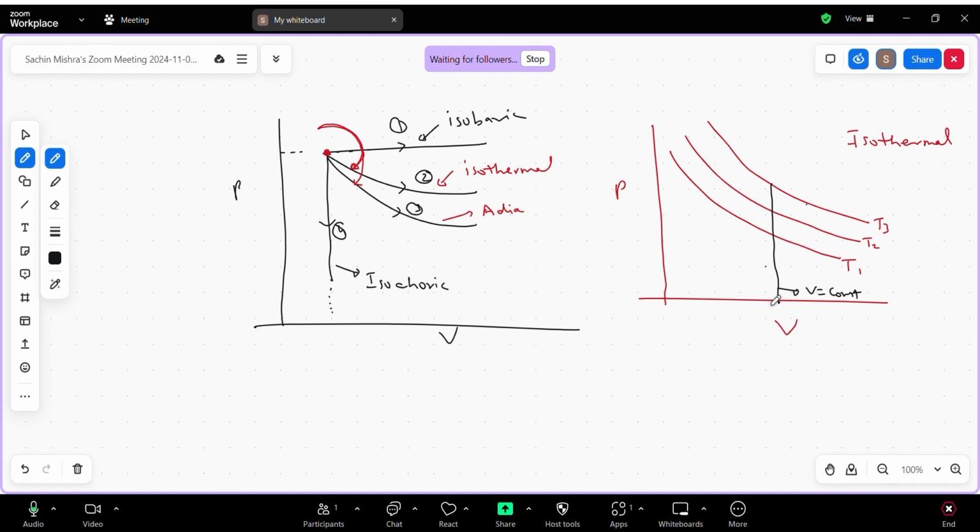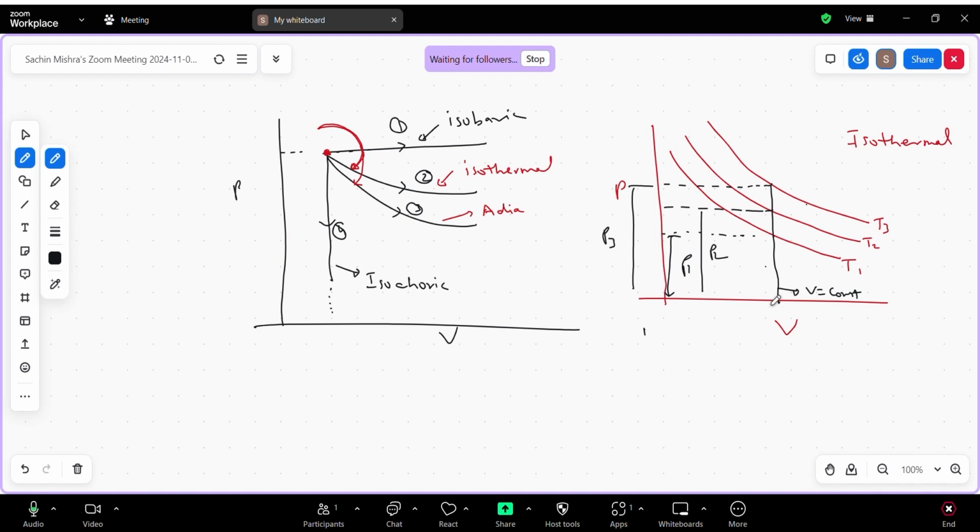If I draw perpendicular on pressure, I assume pressure is constant. So if I draw the line, we observe for curve T1, curve T2 and curve T3 the heights called P1, P2 and P3.